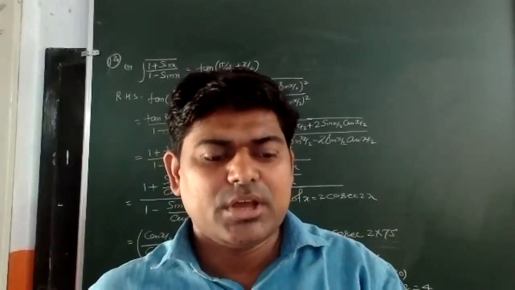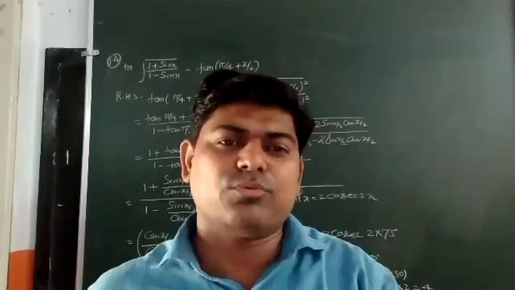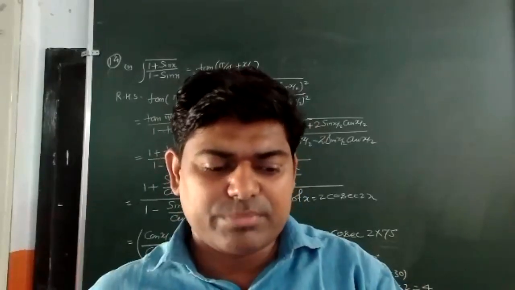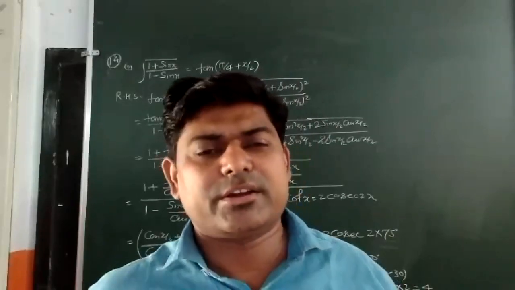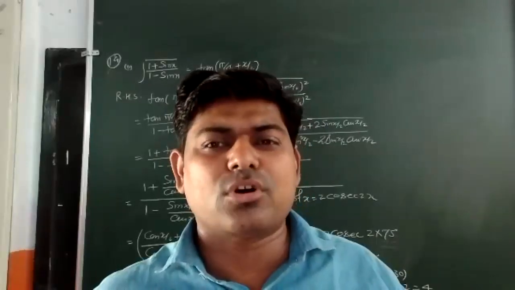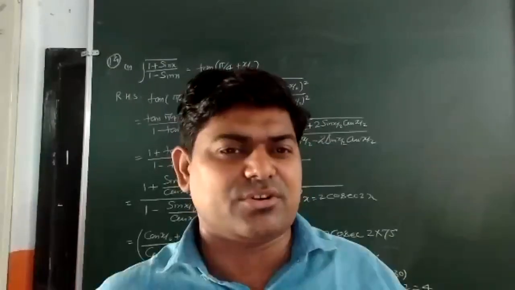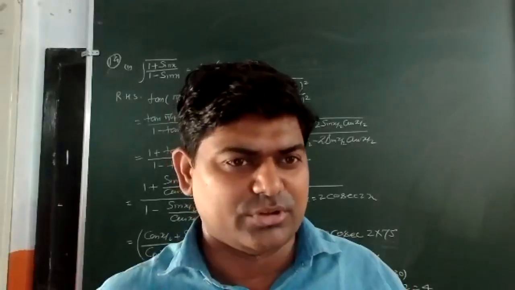Are you getting me? Then sin has to be converted in terms of cos with the help of 1 minus cos square. Simplify, and then one cos is outside. When I multiply, inside the bracket after taking 1 upon 4 common, I get 4 cos cube x minus 3 cos x. And this is the formula of cos 3x.